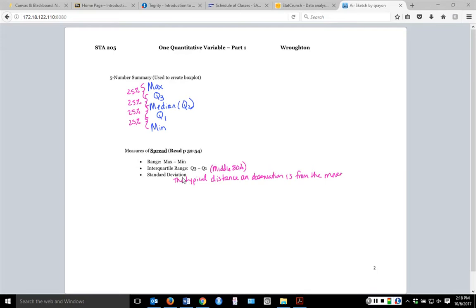And the important thing here is that it's from the mean, not from the median. So this is always measuring the typical distance from the mean. The larger the standard deviation, the more different our values are from the mean.